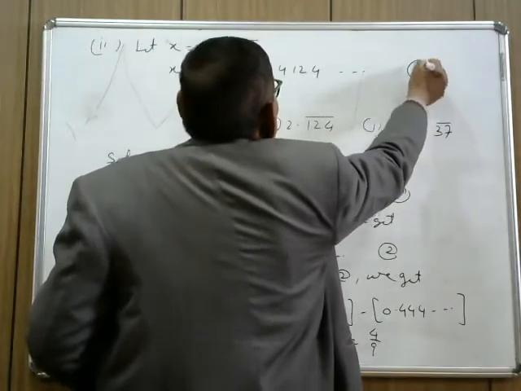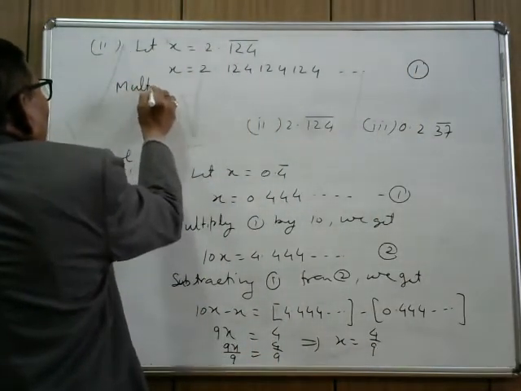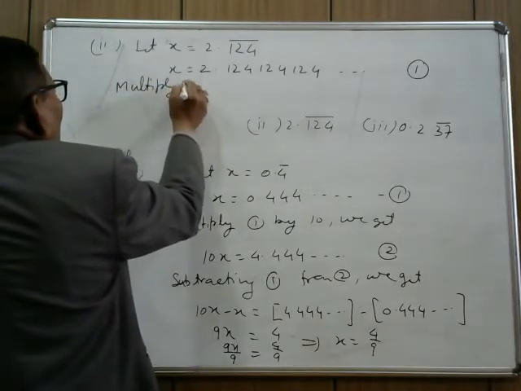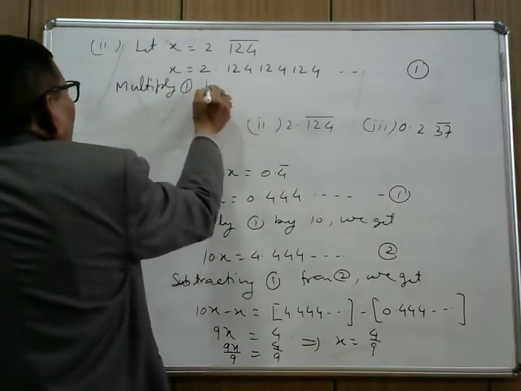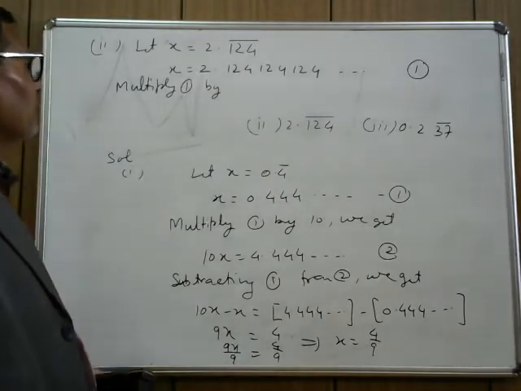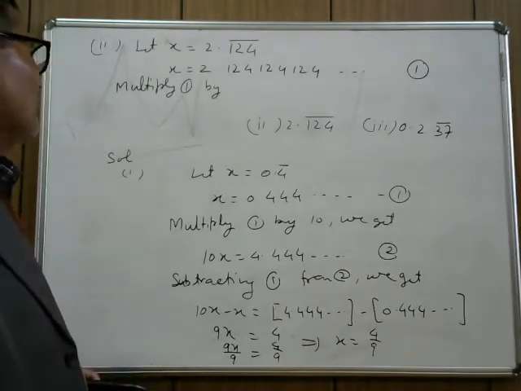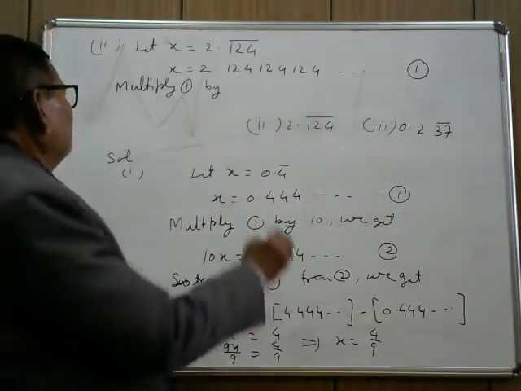Let this result be 1. Now, since 3 digits are repeating, you have to multiply your result number 1 by 1000.